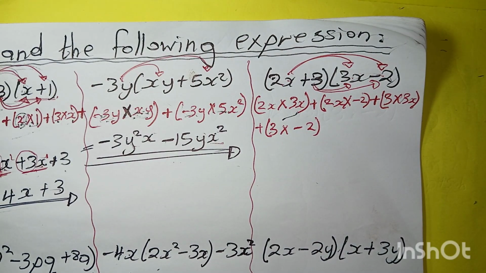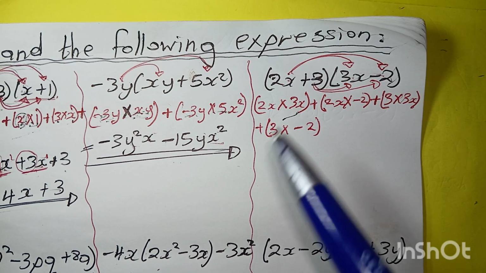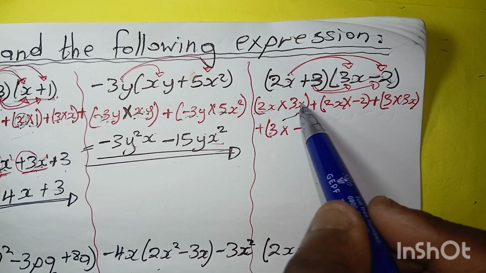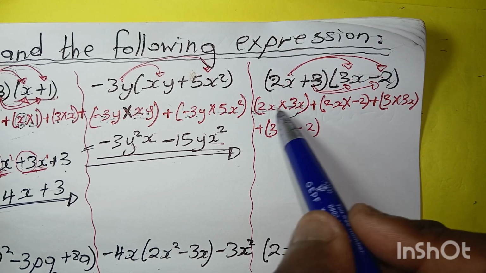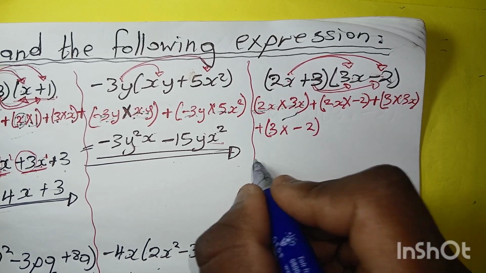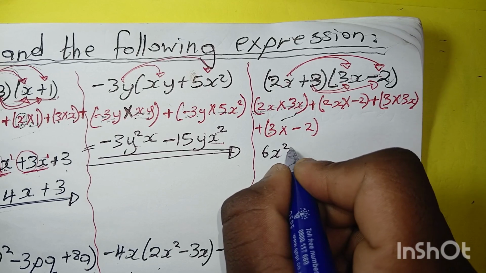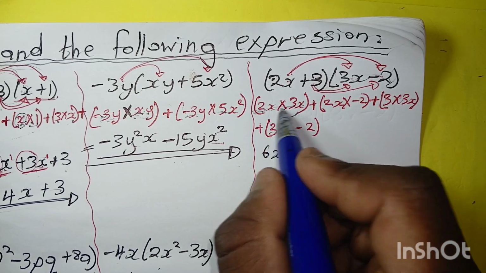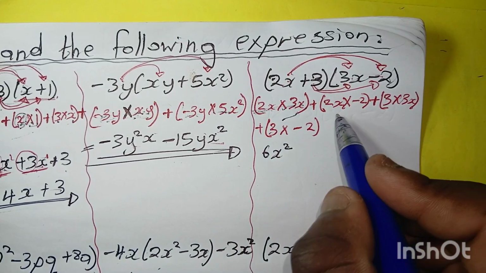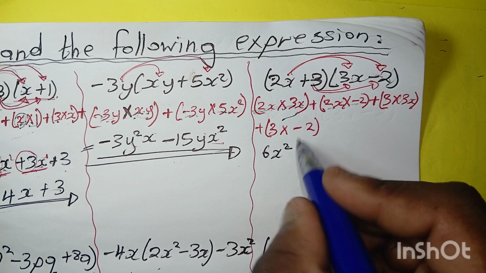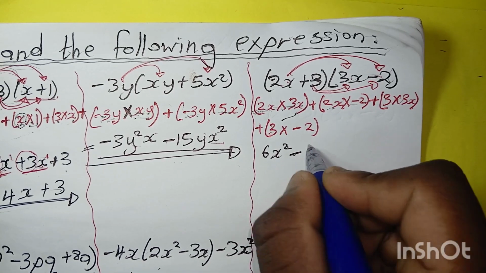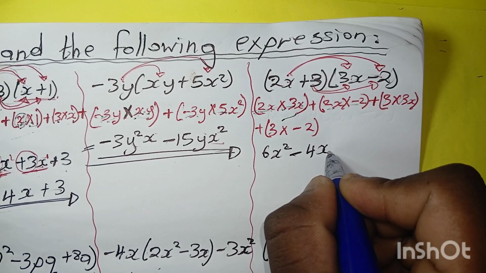So now check something, guys. When you multiply this, they've got the same sign. 2 multiplied by 3 is 6x squared, because when you multiply the same base, we add the exponent. Here, different signs give us negative 4x.